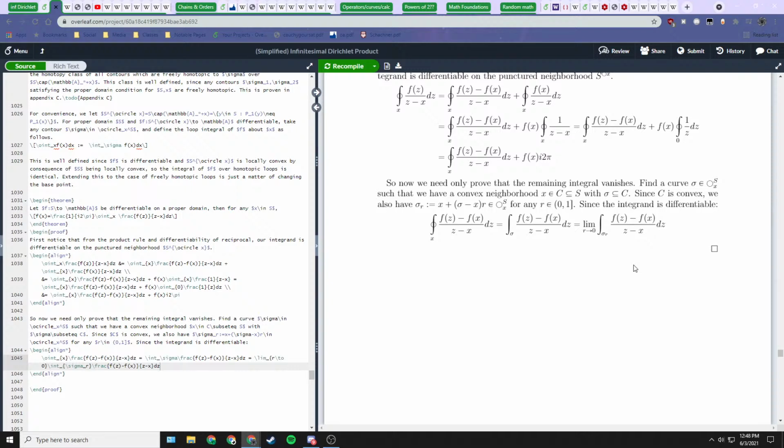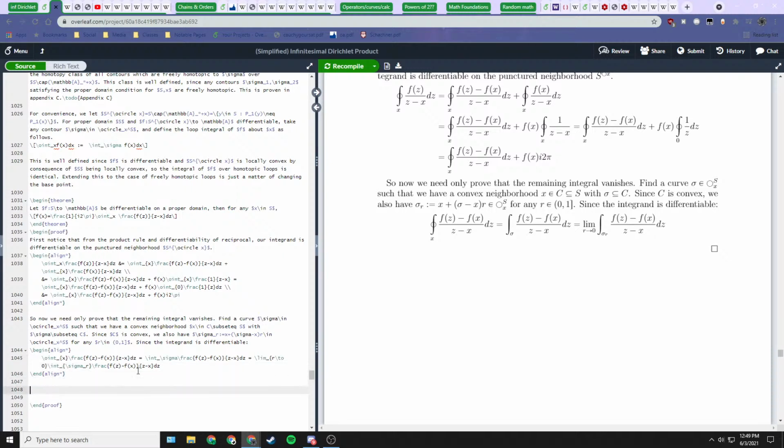I think what we can do, actually, is we can say that as r goes to 0, we must have our z going to x. Actually, yes, that's very nice.